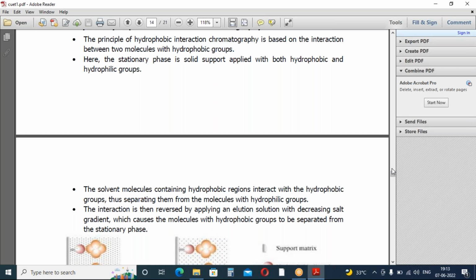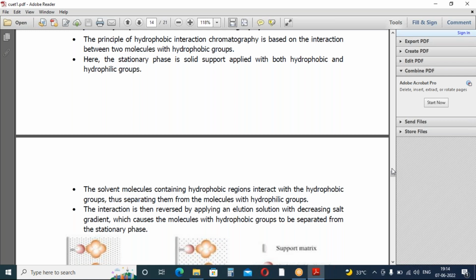If we use hydrophilic molecules, they can easily interact with the hydrophobic groups, and we can easily separate them.